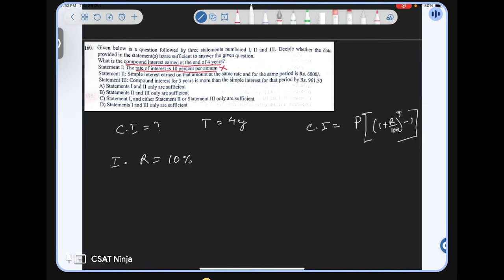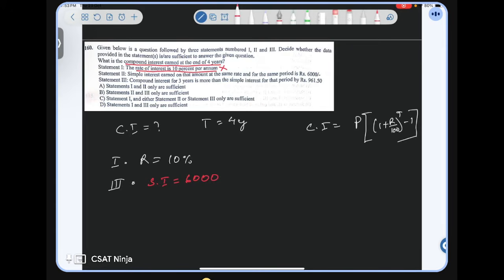Let us go to statement number 2 then. Statement number 2 here is simple interest earned on that amount at the same time and for the same period is this one. So simple interest is given as 6123. But remember one thing here.